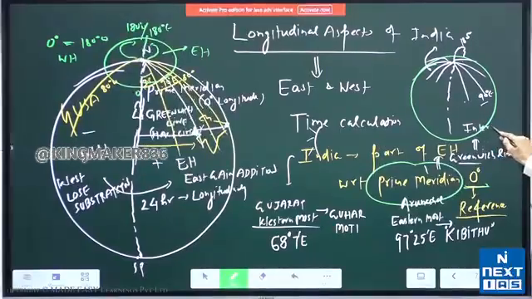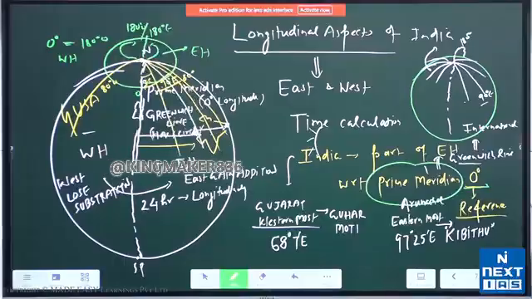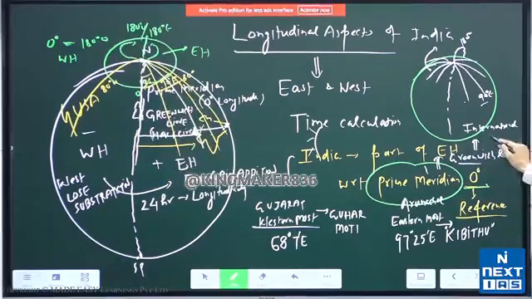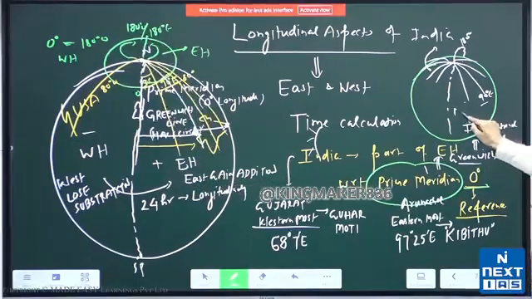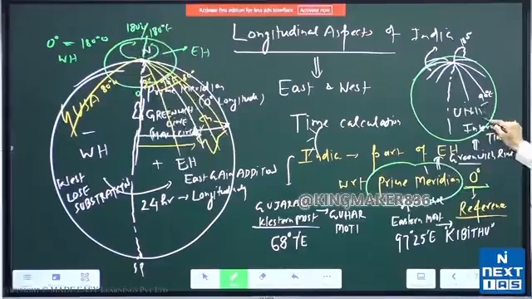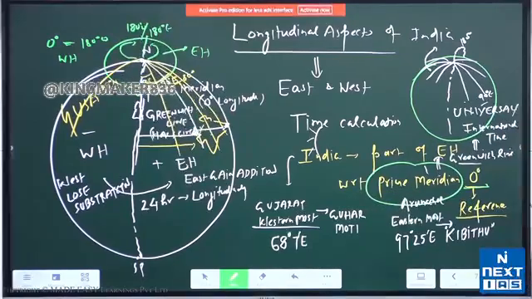The time of the USA or time of the UK or time of India or time of Russia? Time of the UK, passing through the prime meridian, international time. And this time is also called universal time. And this universal time or international time is also called in a simple way by which name? GMT.